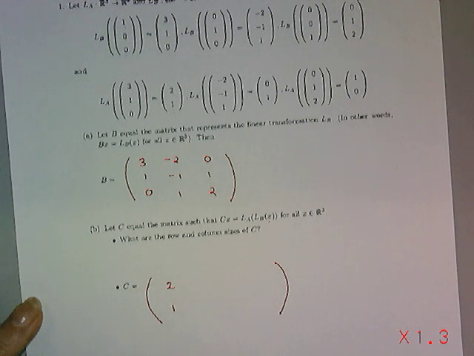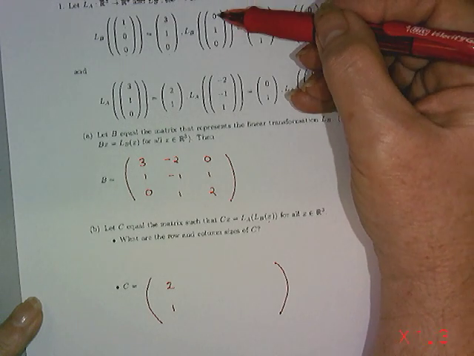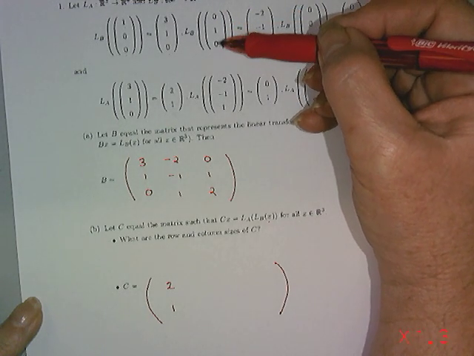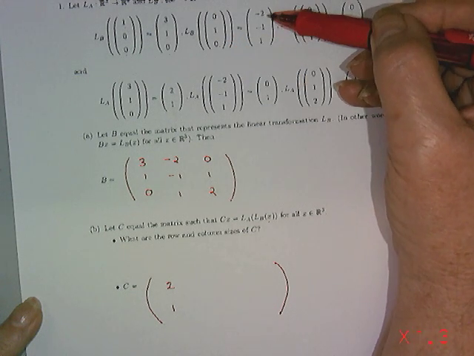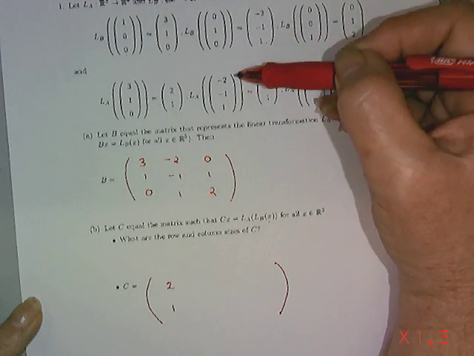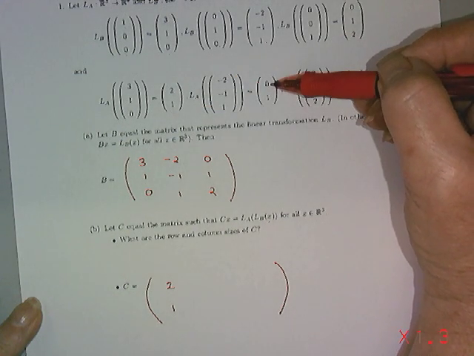The second column is going to be found by inputting for X 0, 1, 0. But L of B maps that unit basis vector to negative 2, negative 1, 1, which L of A maps to 0, 1.